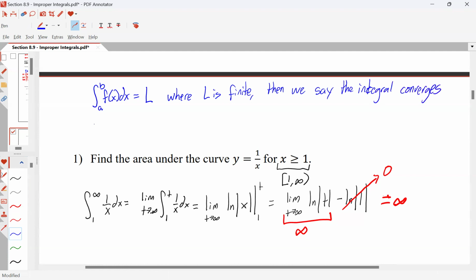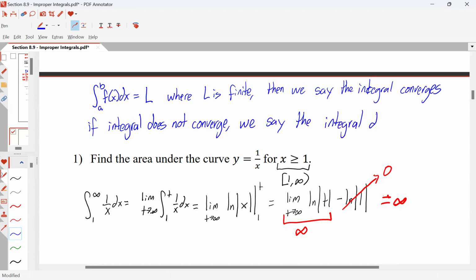If the integral does not converge, meaning we get a limit that is infinity or the limit does not exist, we say the integral diverges.